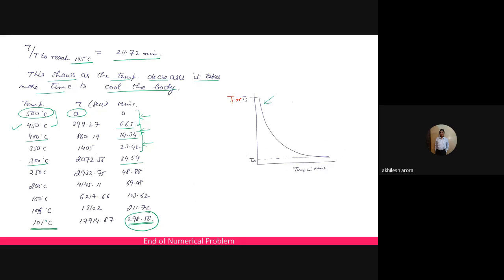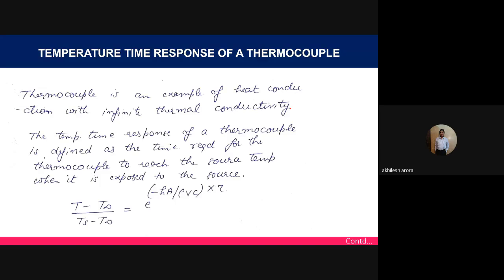So its response won't be good if it takes a large time to give us a particular value of the temperature of a fluid or of a body. So what should we do? That is what is to be understood in this particular topic.